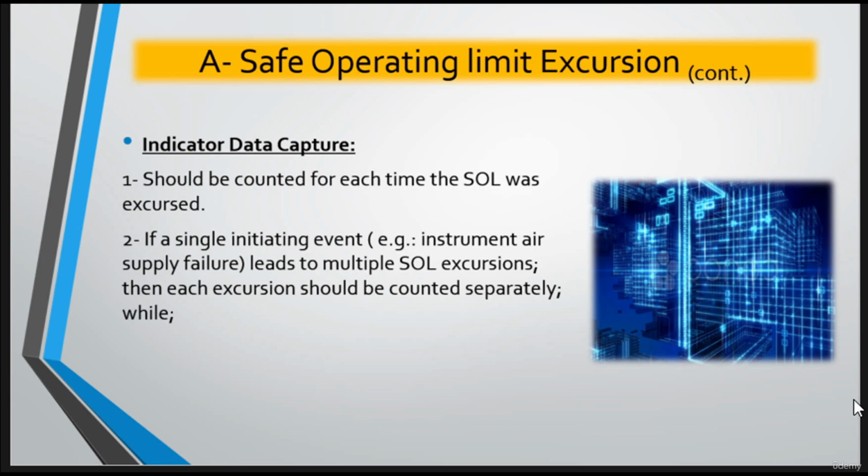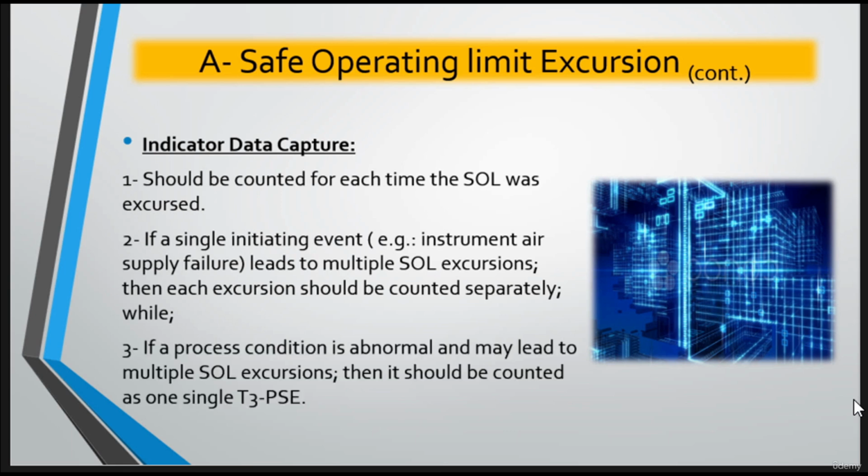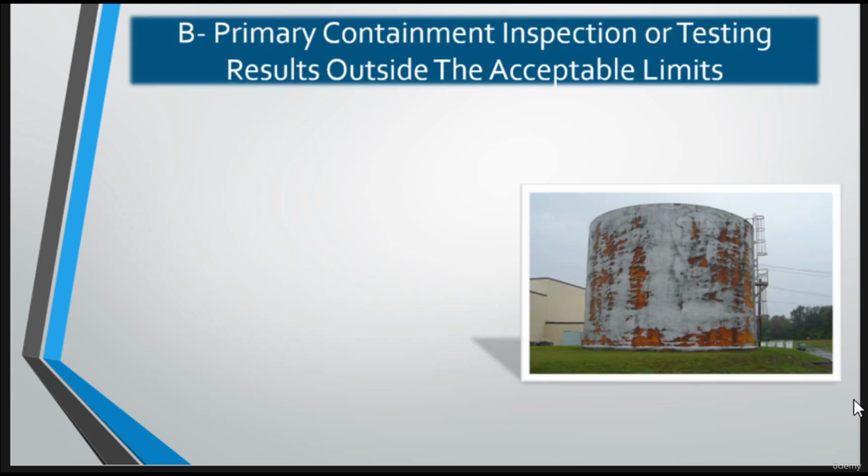While if the process condition is abnormal and may lead to multiple safe operating limit excursions, then it should be counted as a single Tier 3 process safety event. And why is that? Because if the process condition itself is abnormal, then you are already going to hover around the safe operating limit, and it will happen evidently. So no need to count numerous safe operating limit excursions as long as the process condition is a basic cause for such excursions. Okay, moving on to the second category of Tier 3 process safety event.